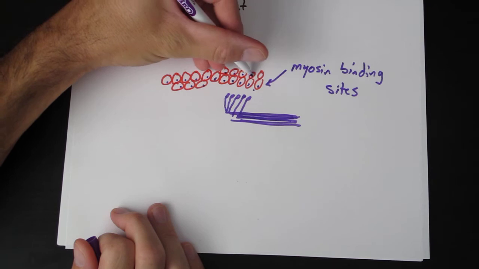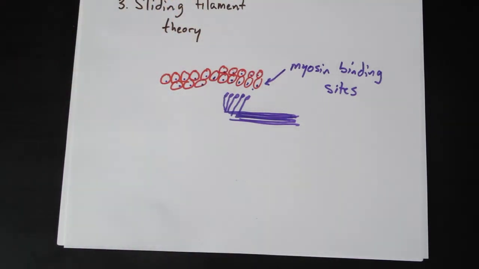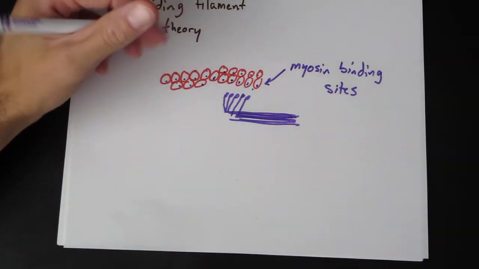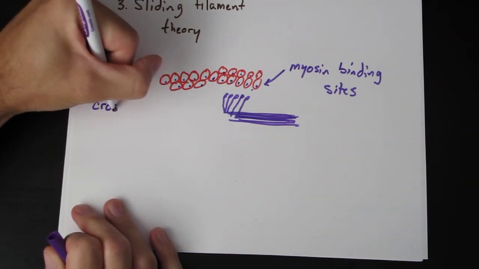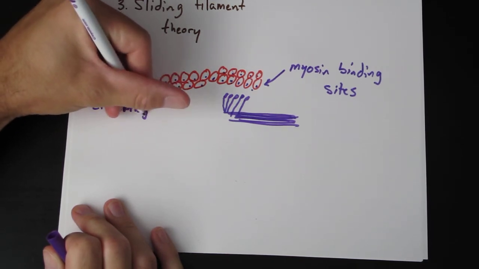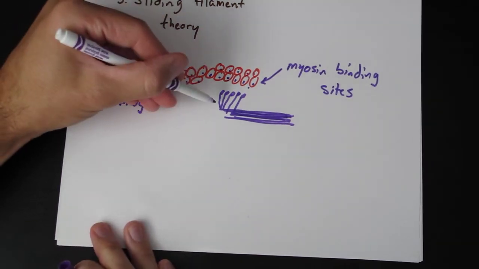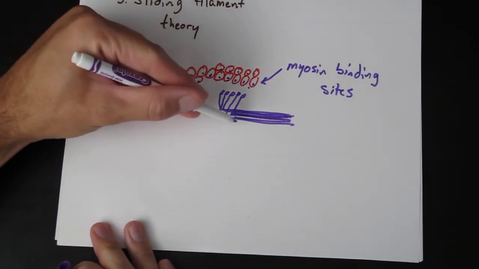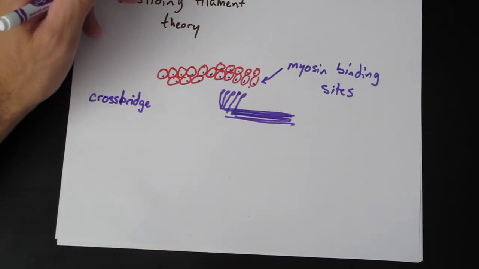So these myosin heads have the ability to come up and bind to actin. And when they do that, they create something that we call a cross bridge, because they're essentially creating a bridge between the thick filament and the thin filament. All right?